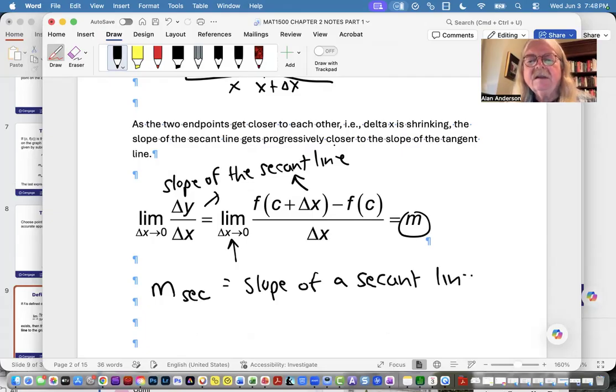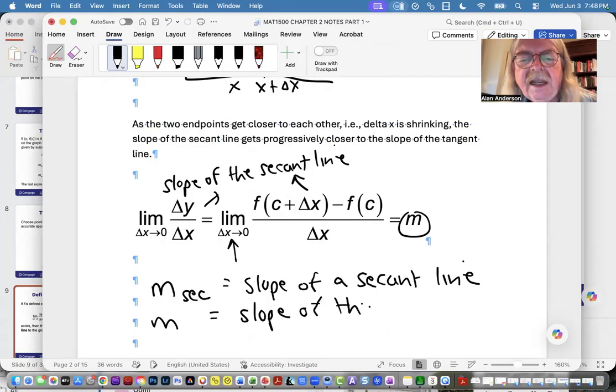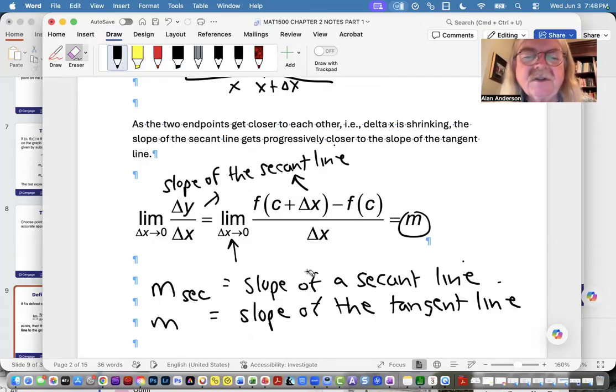If they leave out the subscript altogether, they usually mean the slope of the tangent line. And that's the case here. You've got to get used to the book's notation, but that's what they're doing.